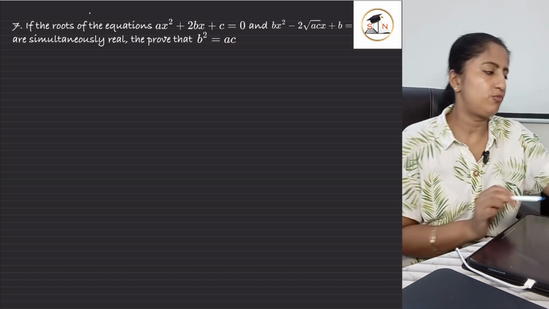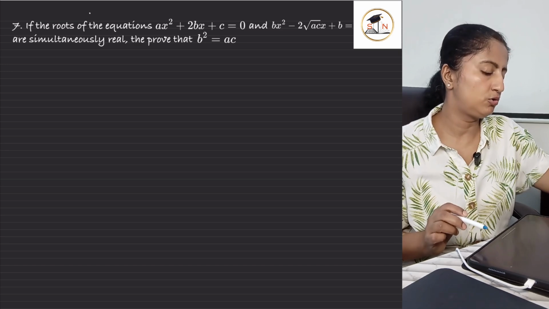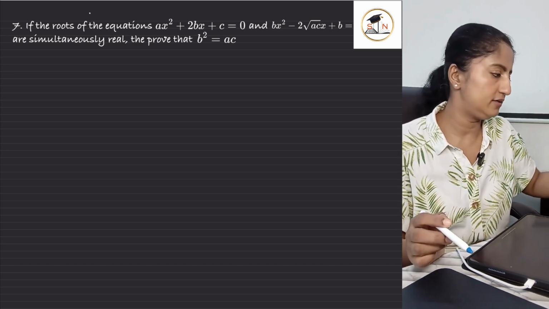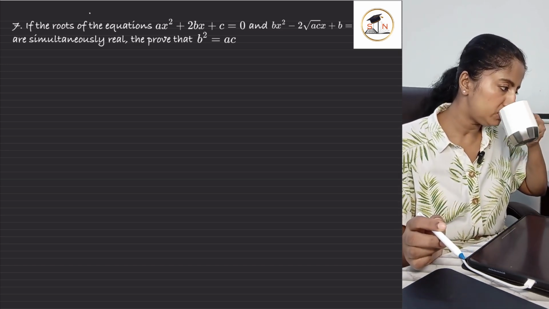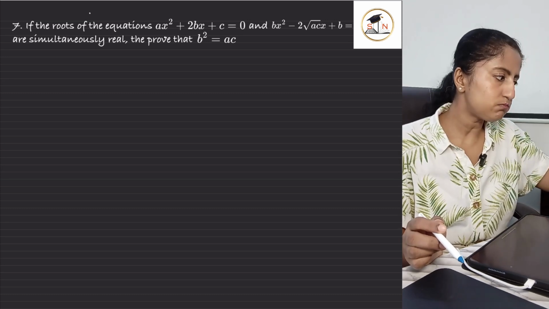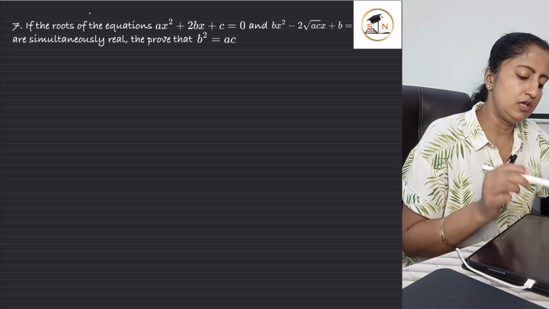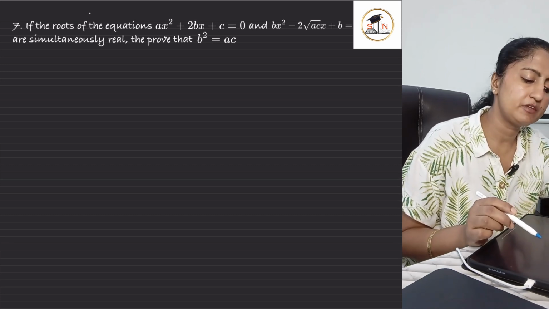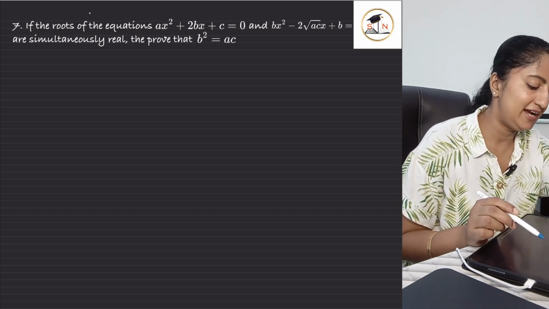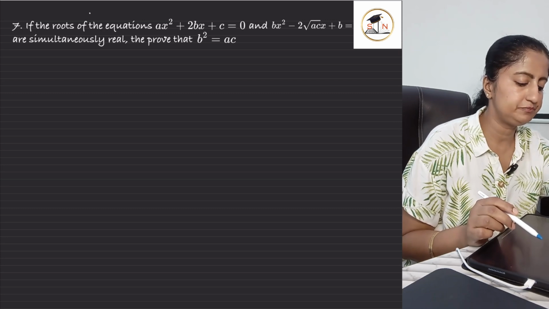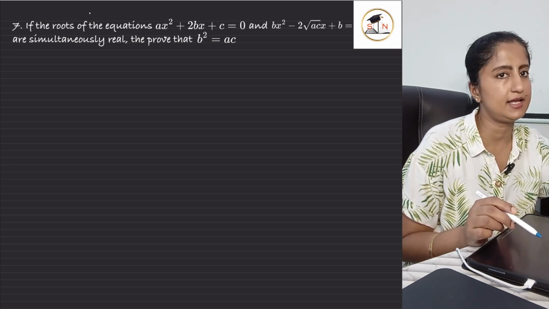Now what do we have? We have got 2 quadratic equations over here, right? So what are we supposed to do? We are supposed to find the value of d from each of them. And simultaneously real means d is supposed to be greater than 0.